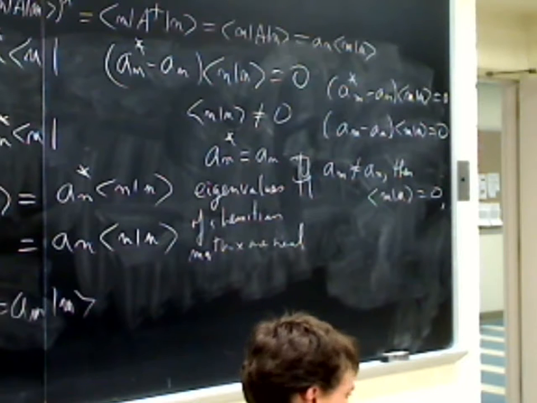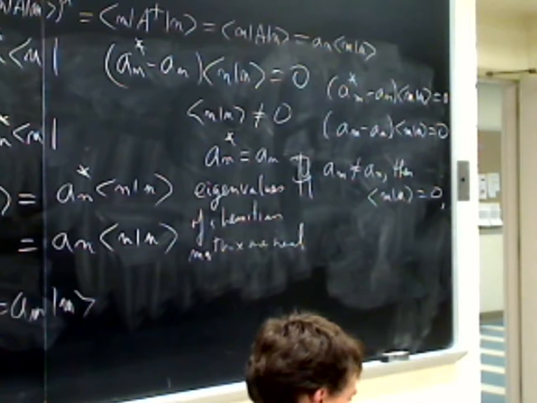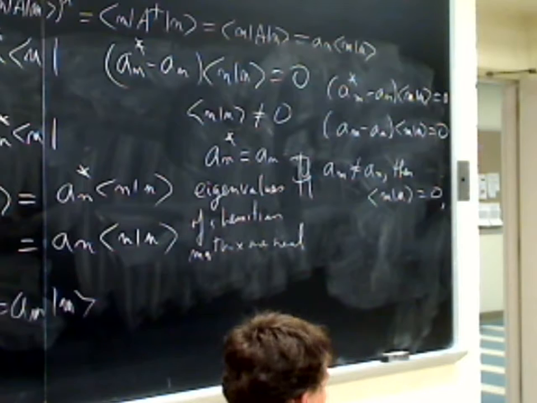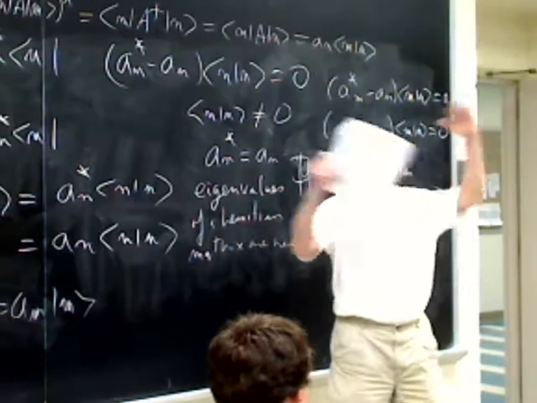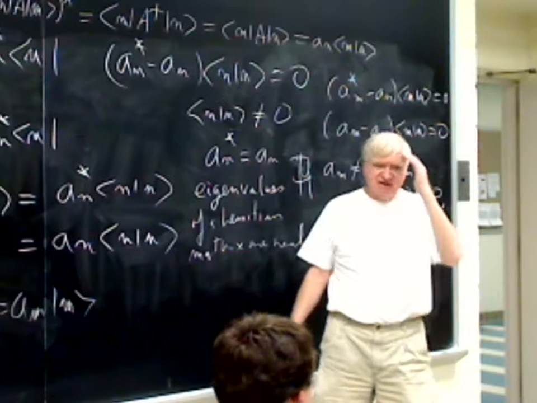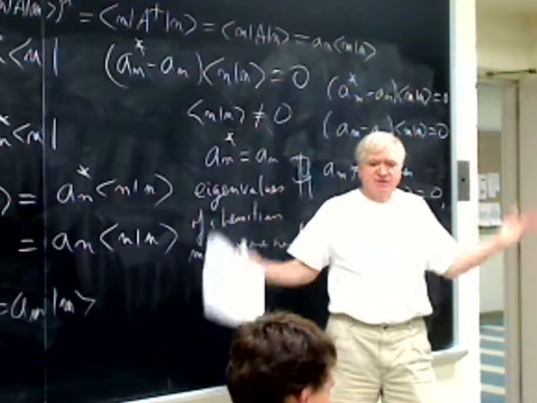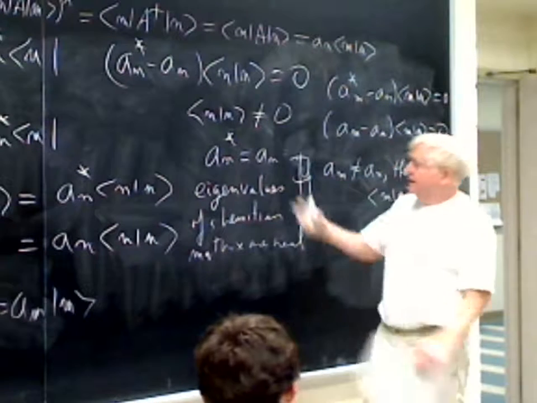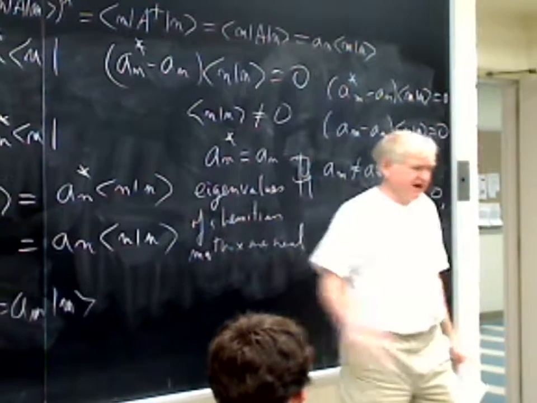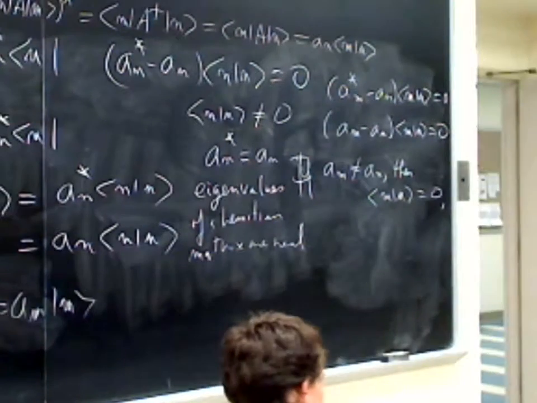Now, for a generic Hermitian operator, you just look at the whole space of all n by n Hermitian matrices, and you just pick one at random. All the eigenvalues would be real, and they'd all be different.